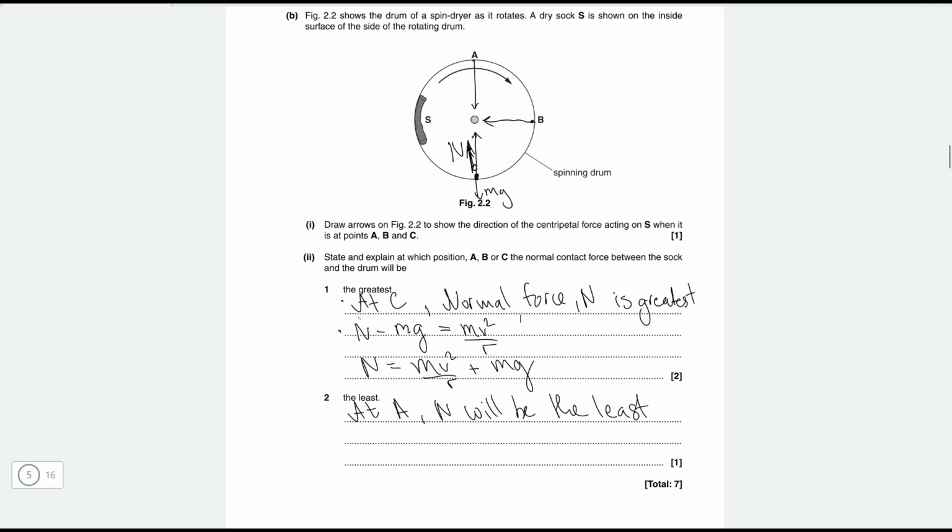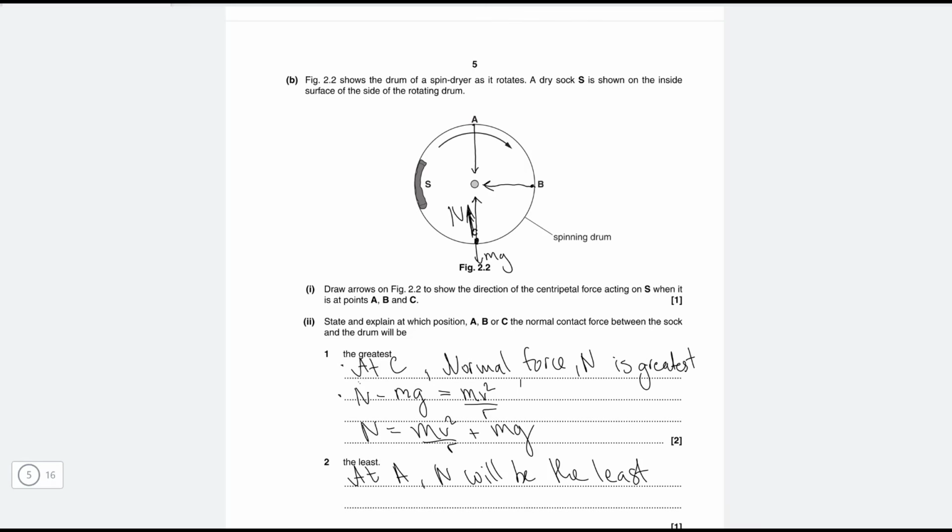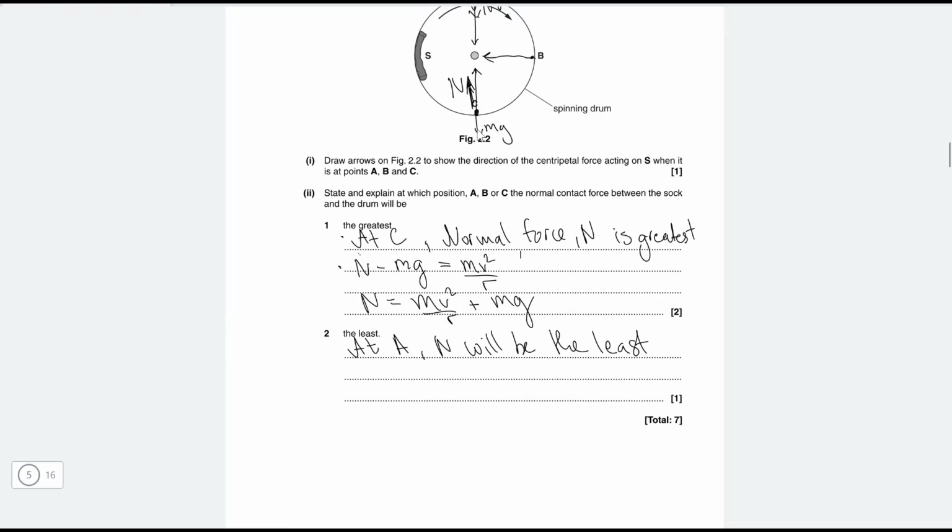And we can use exactly the same logic. So at point A, both the normal force and the weight are acting in the same direction, because if we have mg acting downwards, I do realize I'm drawing these vectors at a little bit of an angle, so let's just make this precise. If N is acting this way, then mg will also be acting the same way, so we'll need to add them up.